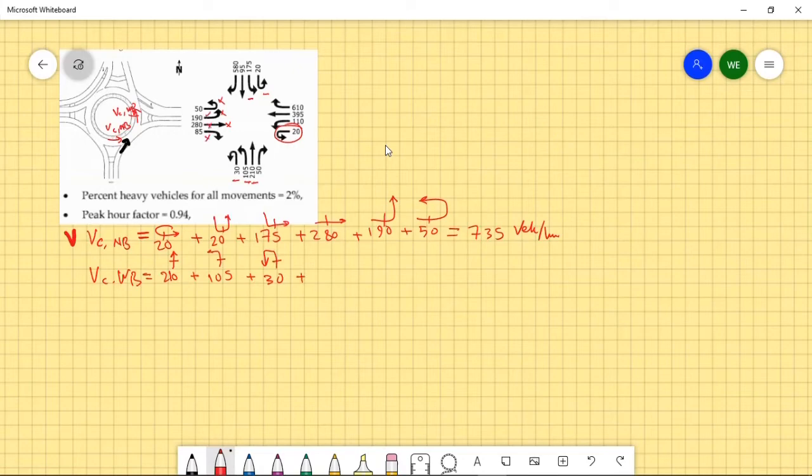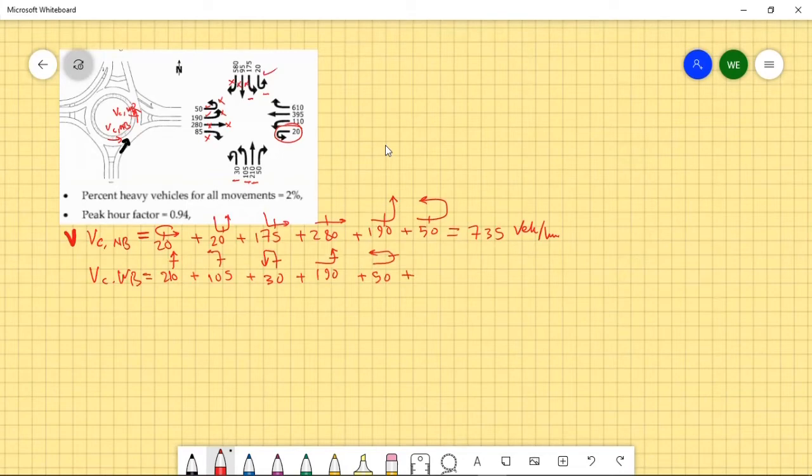No. But this conflicting and this conflicting. 190 plus 50, correct? Plus here, what is conflicting? This is not, this is not, this is not, this is conflicting.